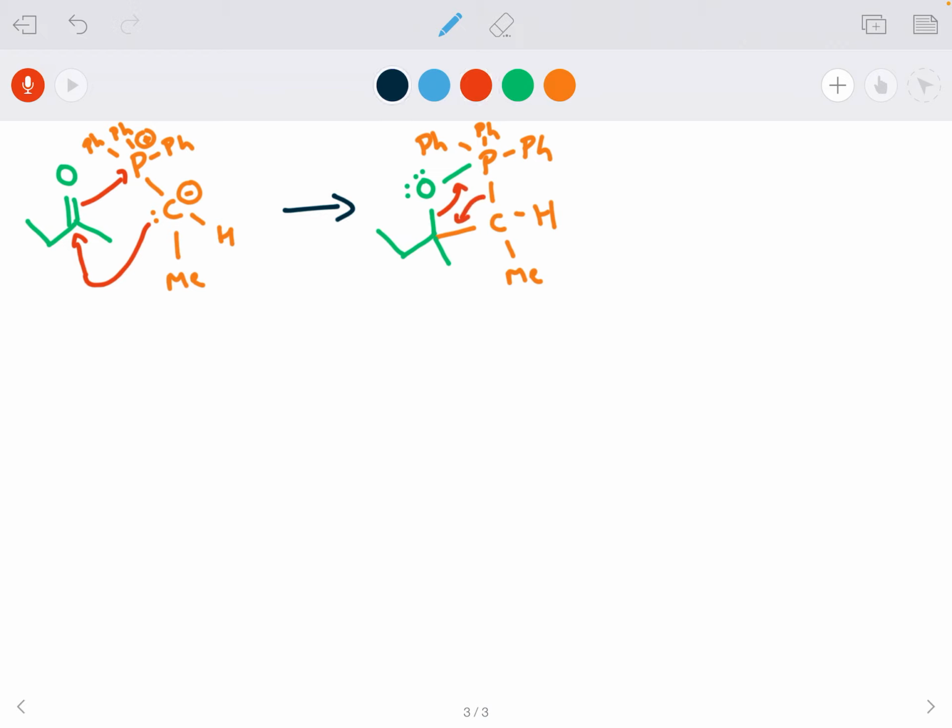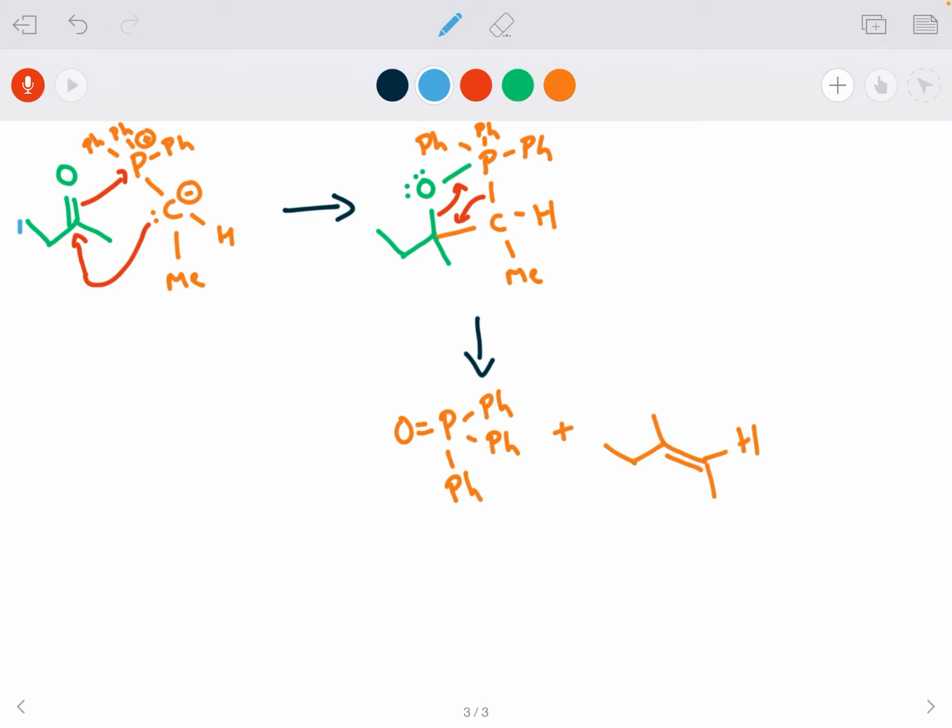So now, my final product, I'm going to get this, but that's just a product that we're not concerned about, plus the alkene that I was looking for. And I get my final alkene product.